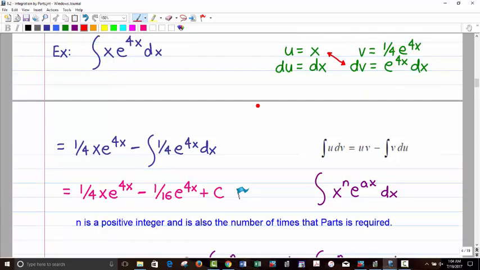So we just use that again, and that gives me another 1/4 e to the 4x. So the 1/16 comes from this 1/4 that's here, times another 1/4 to make 1/16. And then we have the first part, which we didn't have to integrate, so we didn't care. And then plus c, and there we go.